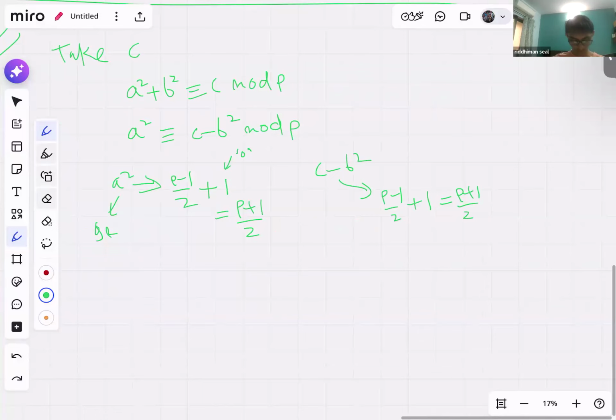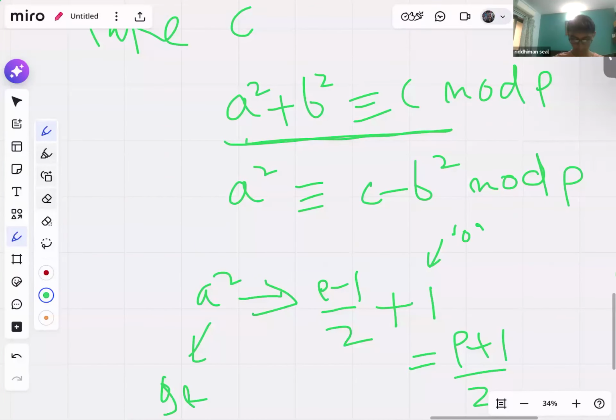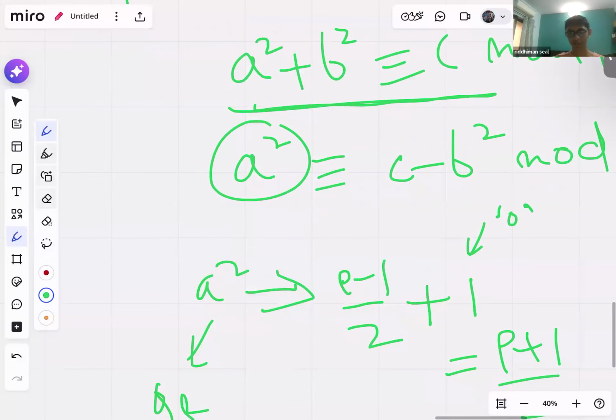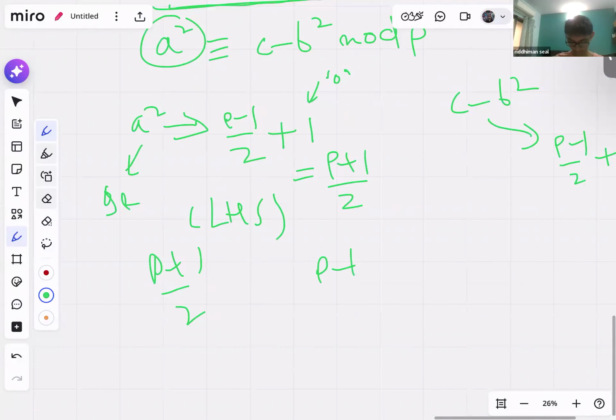So now, suppose this equation has no solution, then LHS is never equal to RHS, right? But the point is that if that is the case, then we have P plus 1 by 2 distinct remainders from the LHS and another P plus 1 by 2 distinct remainders from the RHS.